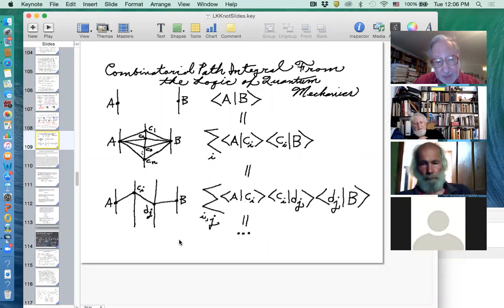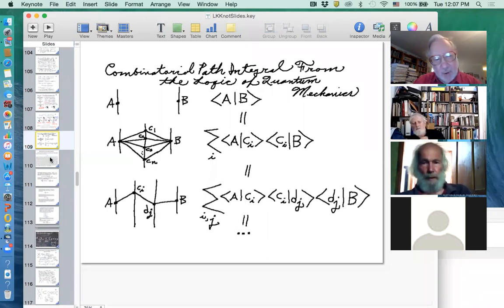So the idea that you should sum over all the paths that take you from one point to another is exactly this kind of thing. And you will see that you always get a path sum if you've broken the system down into intermediate possibilities. It just follows from the principles of quantum mechanics.